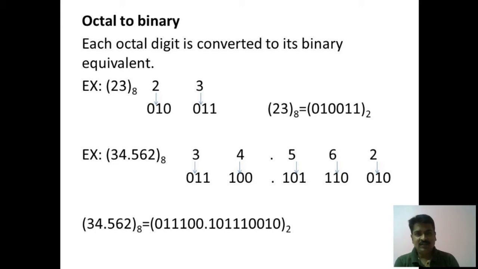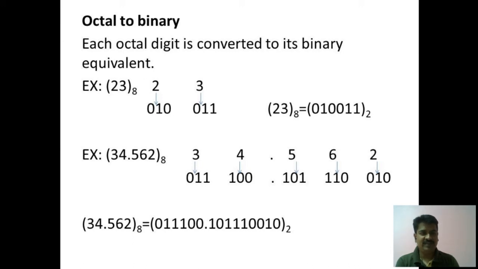Now, if I look at the second example, 34.562, we have a fraction also. We have an octal fraction here. Again, the same procedure for the fraction. First digit is 3 and the binary equivalent is 0, 1, 1. Second digit is 4 and the binary equivalent is 1, 0, 0. Point, you retain the point as it is. 5 binary equivalent is 1, 0, 1. 6 binary equivalent is 1, 1, 0. 2 binary equivalent, but you have to mention as a group of 3.